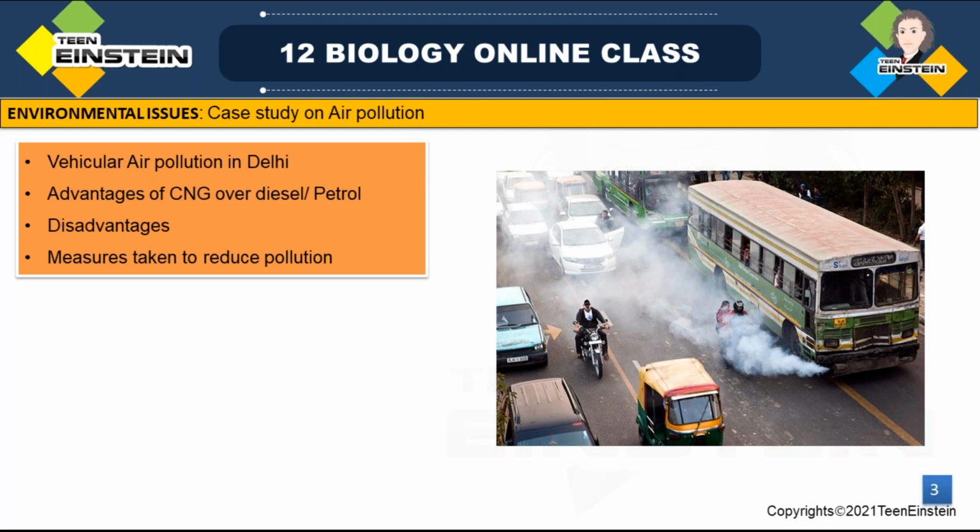That means all buses, cars, all kinds of vehicles, from diesel to compressed natural gas, CNG. All public transport vehicles were converted and started running on CNG by the end of 2002.